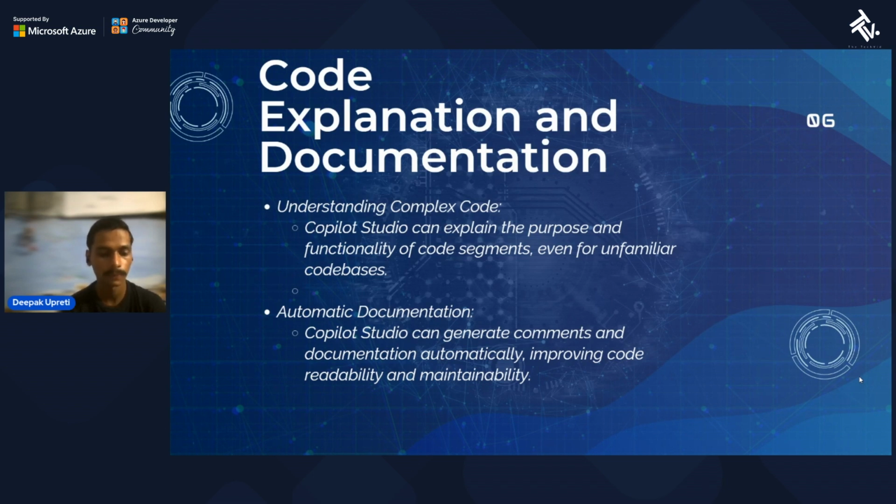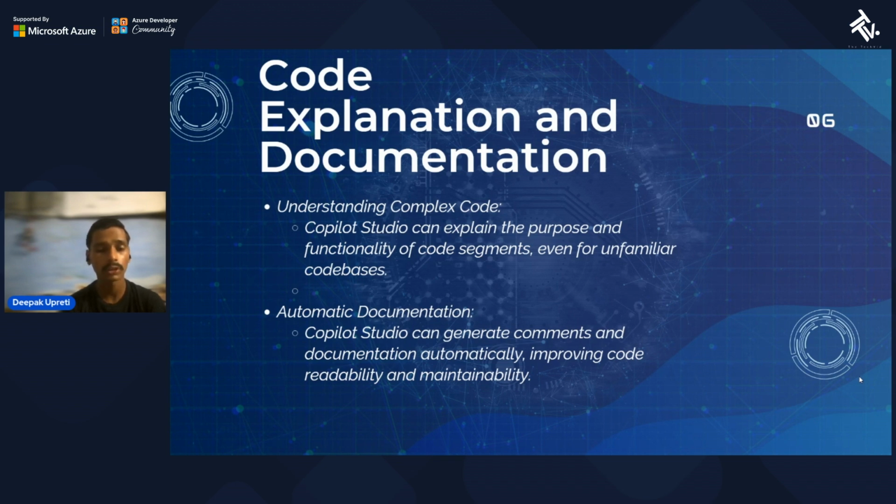Fourth is improving code readability and maintainability by providing clear explanation and generating thorough documentation. Well documented code is easier to read, explain, debug, test, and extend. It reduces the learning curve for new developers joining the project and minimizes the risk of introducing errors during maintenance.